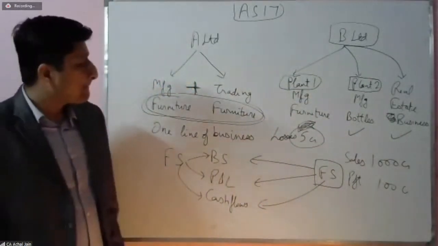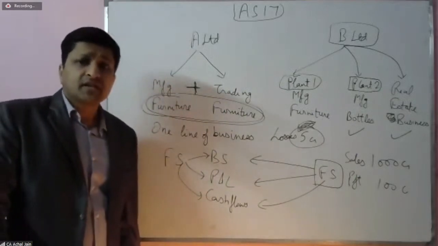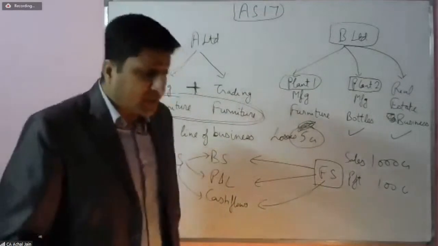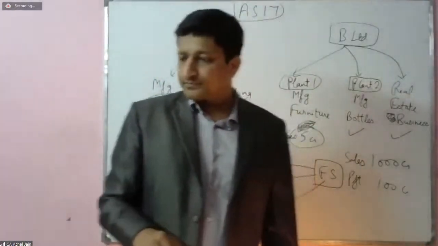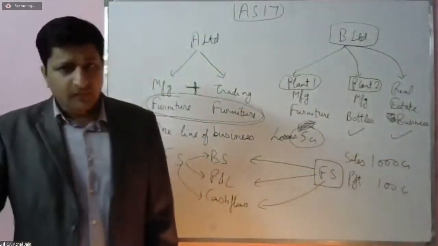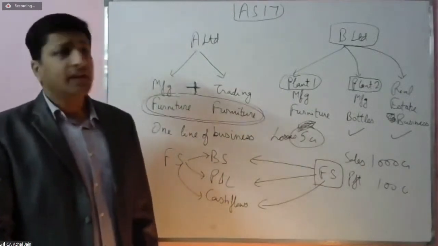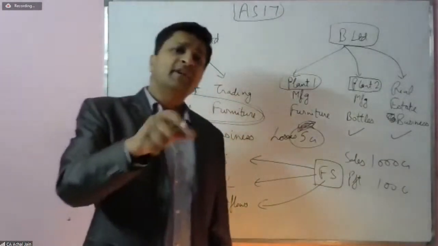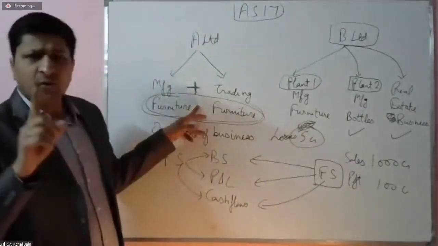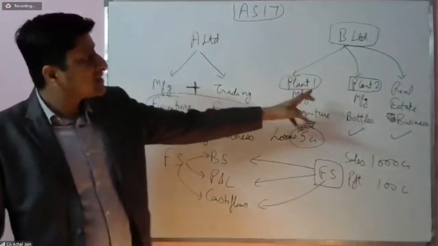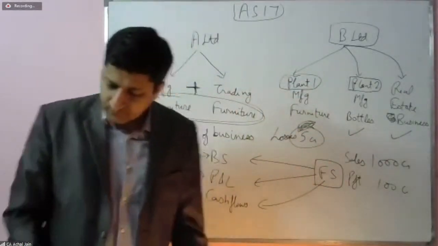Now, this is one of the aspects which we have discussed, wherein we talked about the nature of the activity of an entity. Correct? We discussed the nature of activity of an entity, and through it, we discussed that this entity is having only one line of business and this entity is having 3 lines of business. Correct? Okay.